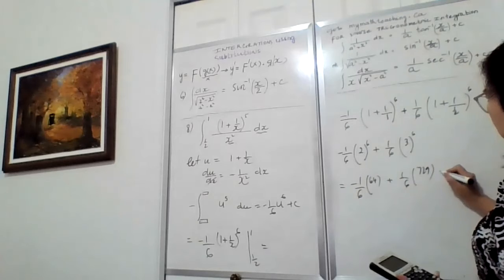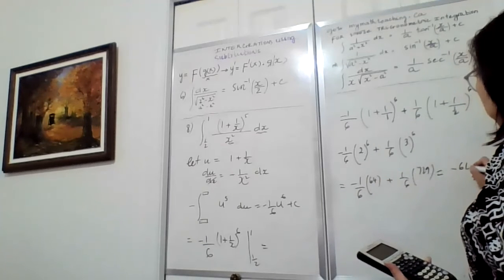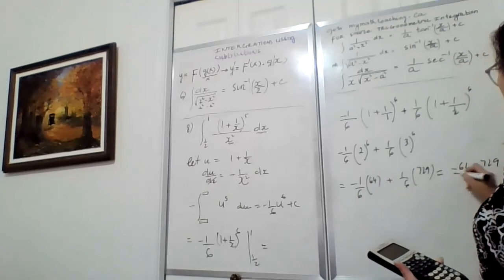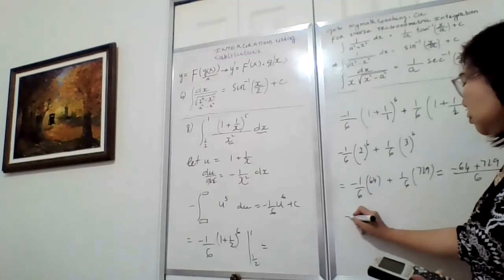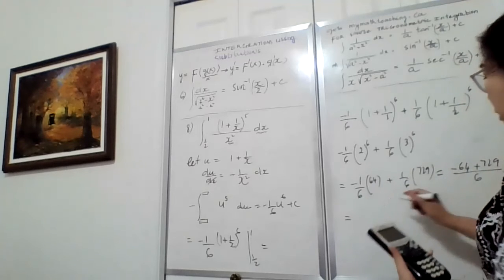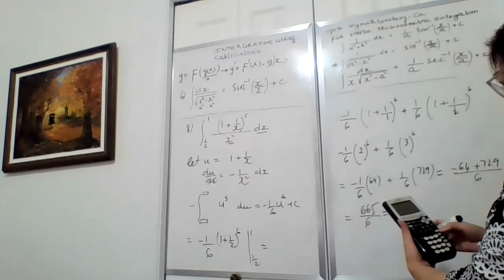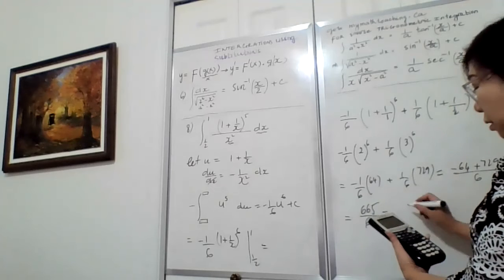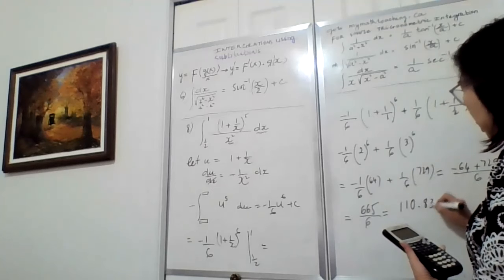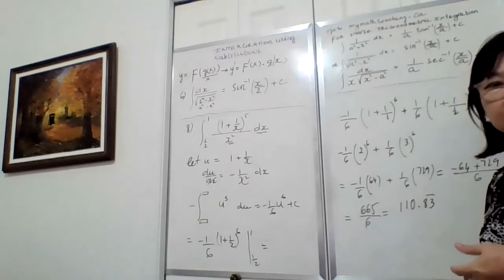So now you can join in one fraction because that is minus 64 on the top, the same denominator, right? Adding with 729, all of this over 6. So what does this number turn out to be? 665 over 6. And 665 divided by 6 equals 110.83 with the bar on top. So that's how we evaluate the last question.